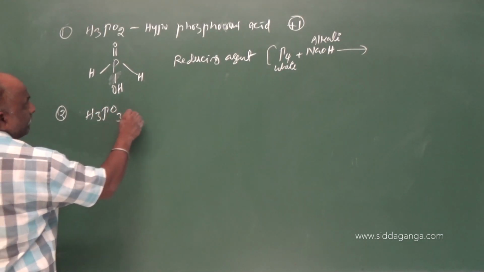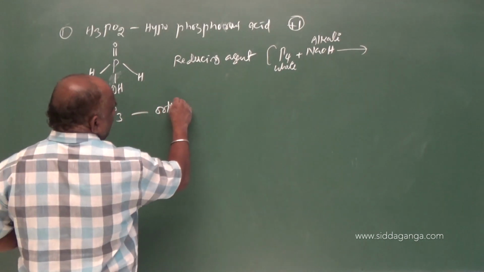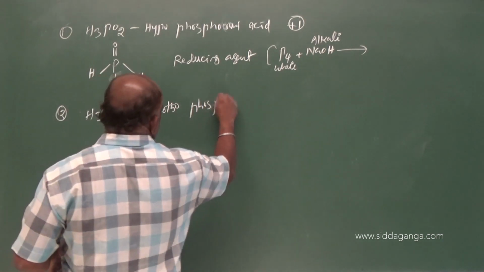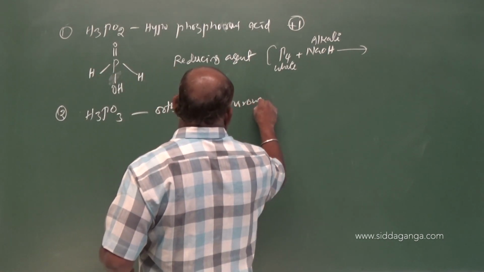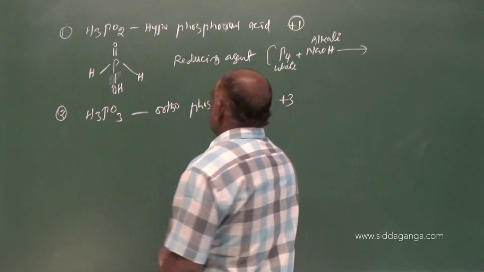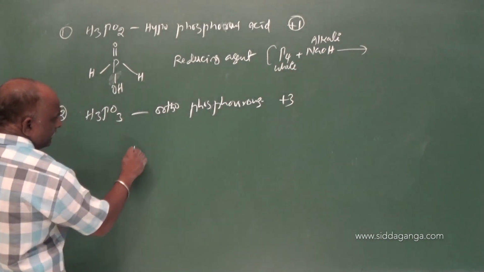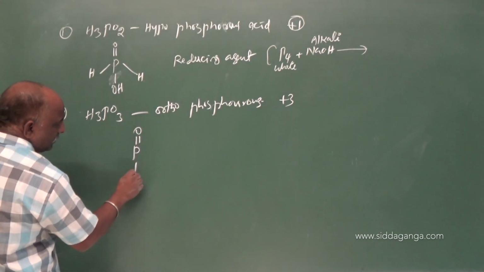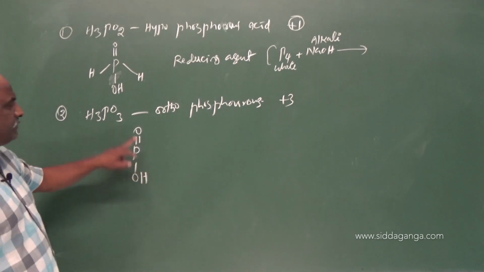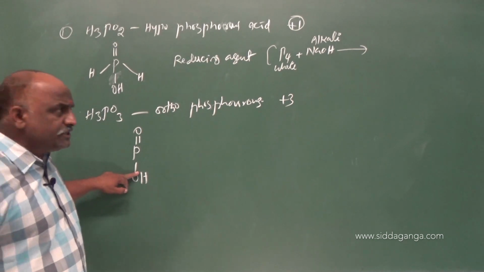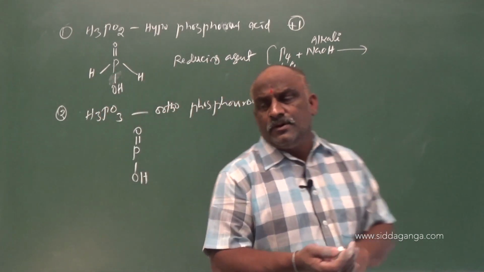Followed by the second example, H3PO3. It is orthophosphorus acid. Oxidation number is +3. How to draw the structure? Compulsory P double bond O, single bond OH. HPO2 was over. What is the formula?